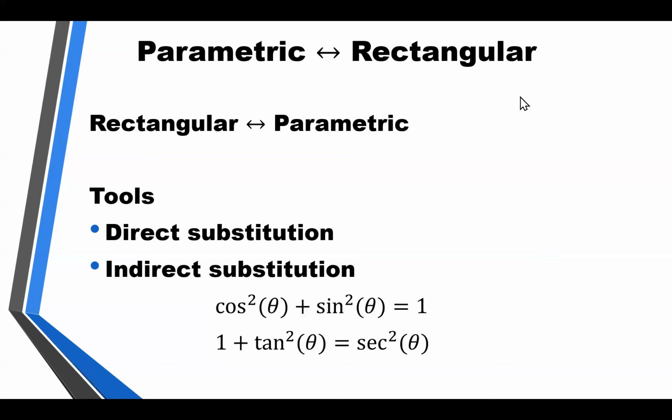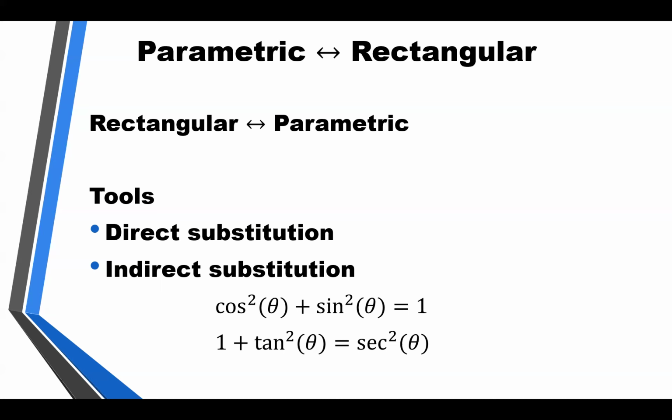Now let's take a look at what I call indirect substitution. With indirect substitution, we're going to use some identity with our substitution. And in this class, the identities that we use most often are going to be the Pythagorean identities.